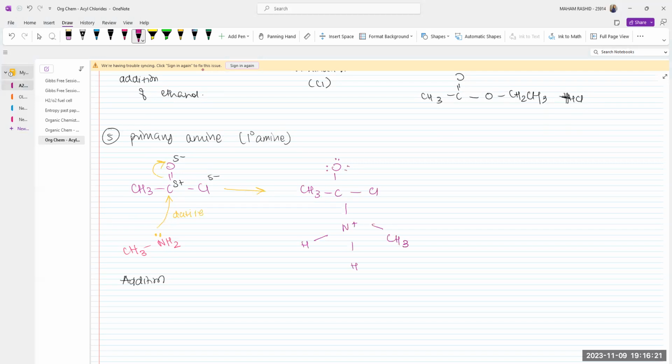This is your primary amine. This is the elimination step. Here you're going to show that your chlorine is getting eliminated, right? Bond breaking heterolytically. Oxygen's electrons coming back.